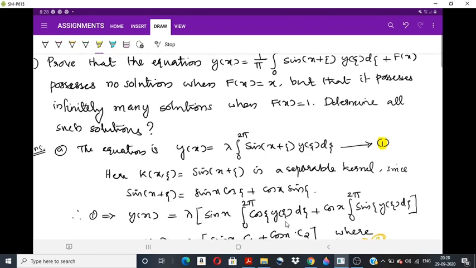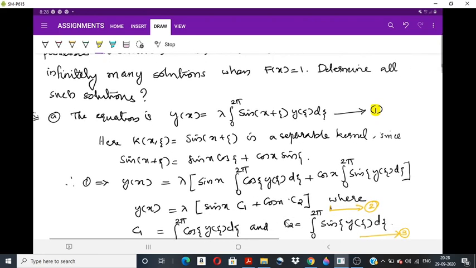I am not going into detail on the form of separable equations, as we have already discussed it. From this identity, it is clear that the given kernel is separable, so the given equation is a Fredholm integral equation of the second kind with a separable kernel.